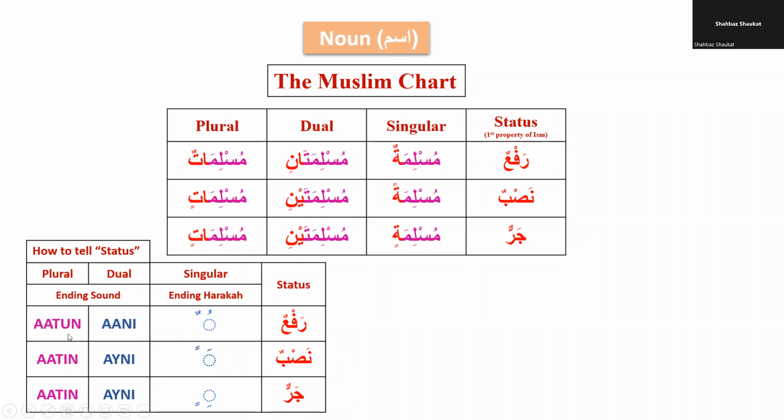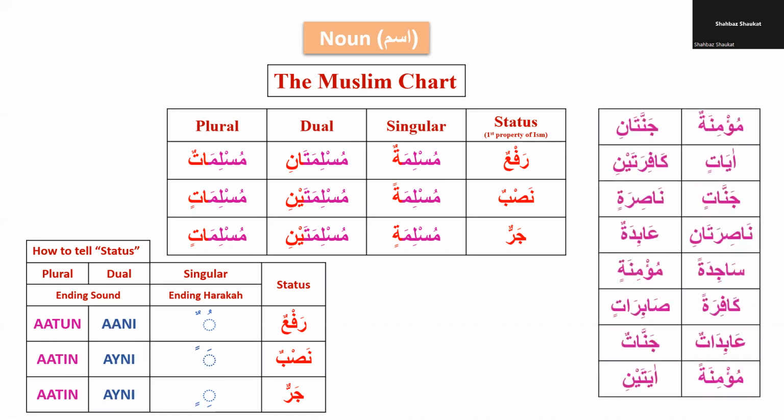If the ending sound is atun, then it will be Rafa. And if the ending sound is atin, like muslimatin, then it could be either Nasab or Jar. And then we used some words which are shown in this table now to practice identifying the status, Rafa, Nasab, or Jar.